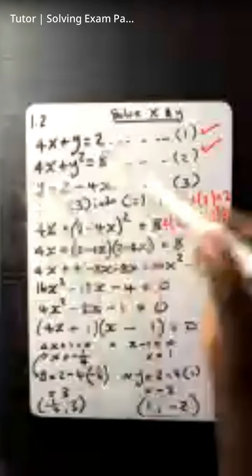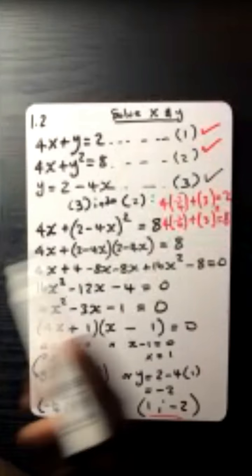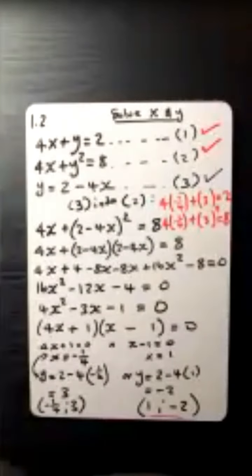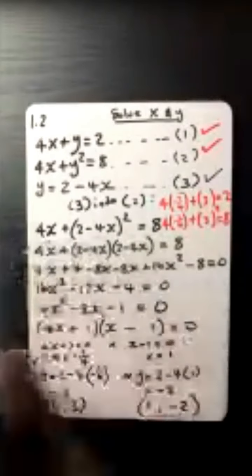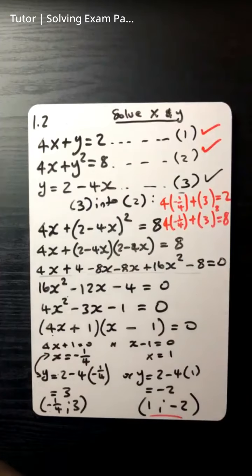You're most likely to make your first mistake when you derive equation number 3, because in most cases you might forget to change the sign. Most important, ladies and gentlemen, on your next step, make sure that you do everything correctly, especially that part where you need to work out the like terms. You're most likely to make mistakes there.